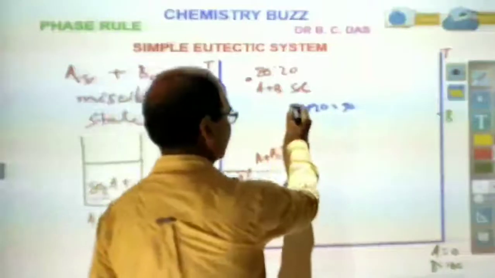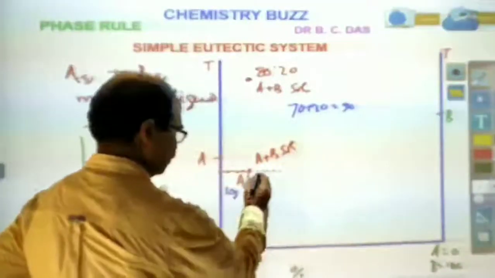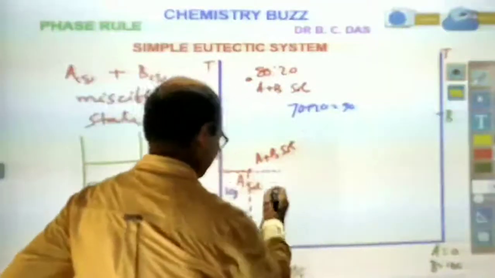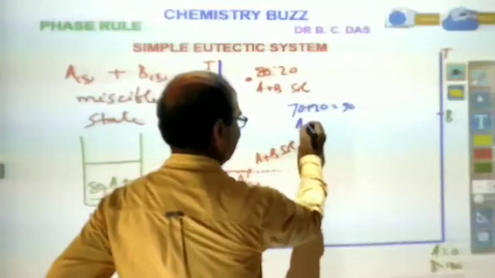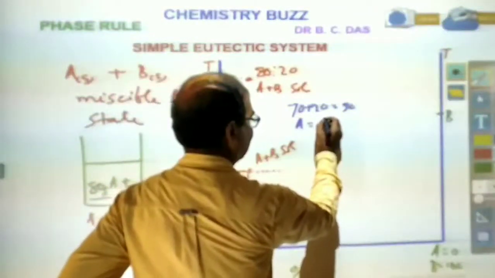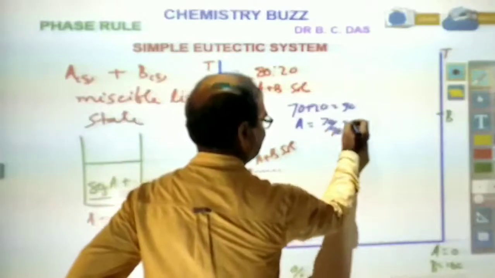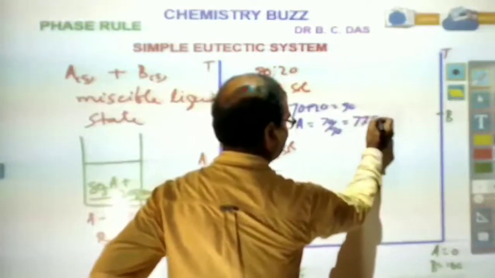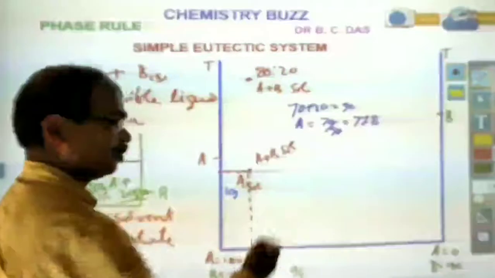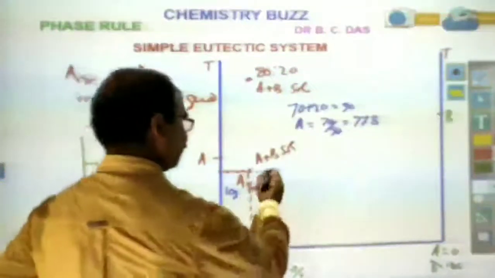The percentage composition changes so that A will be 70 by 90, that is 77.8%, and the percentage of B becomes 22.2%.